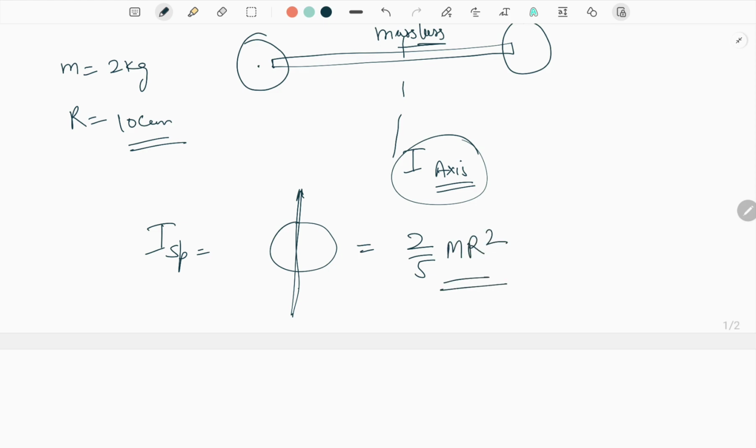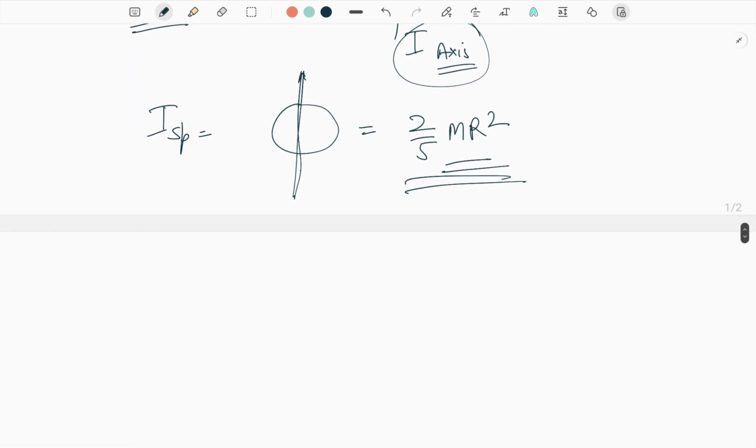I am assuming you know this value. If you don't know, write in the comments. I will make a separate video on how to calculate the mass moment of inertia of a sphere.